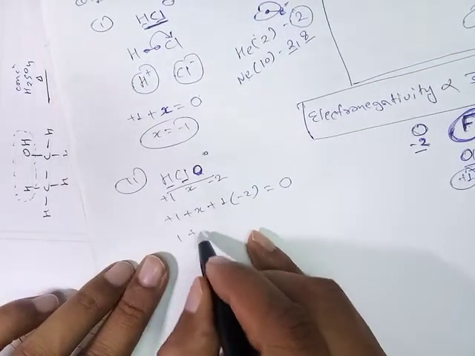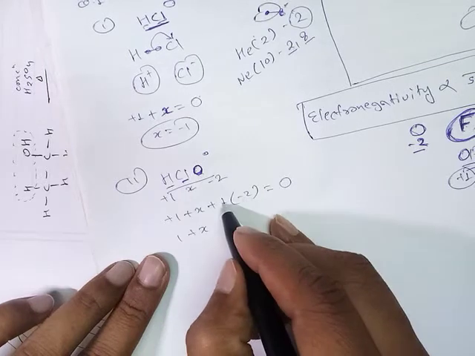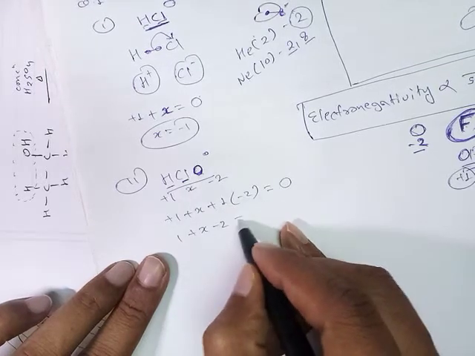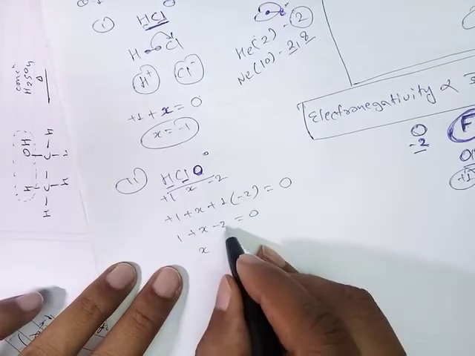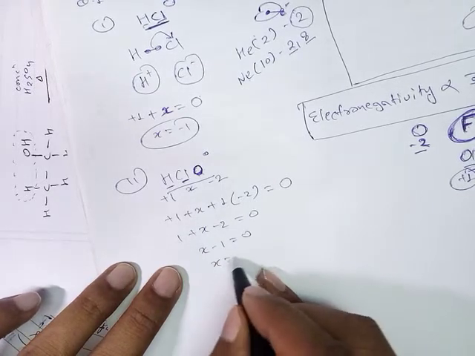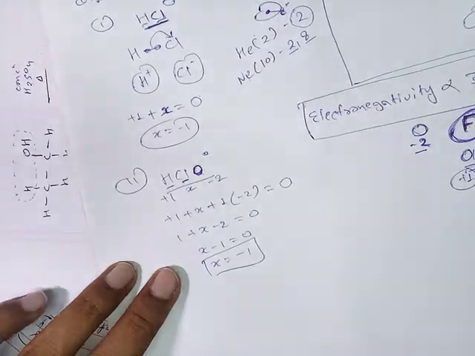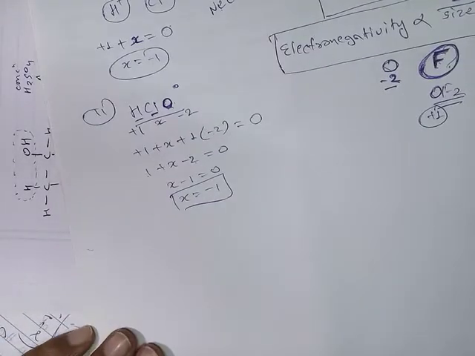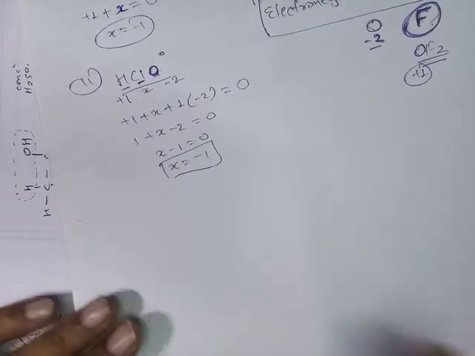So 1 plus X, -2 into 1 is -2, equal to 0. So X - 1 is equal to 0, X is equal to +1. This is the oxidation number of chlorine atom in HClO.